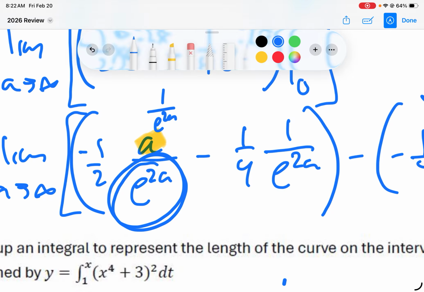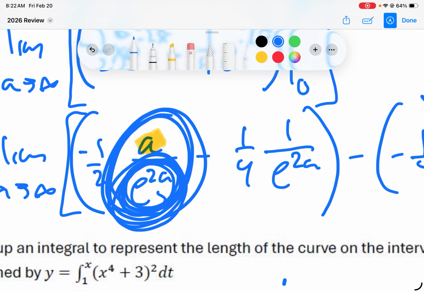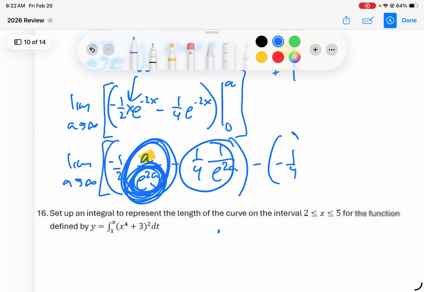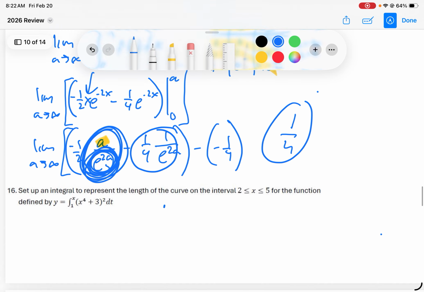So as a approaches infinity, this whole thing is approaching 0, because the bottom is getting huge. So 0 minus 0 is 0. Minus a negative 1/4 would be 1/4. Final answer.